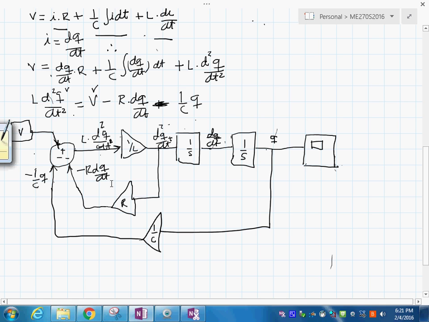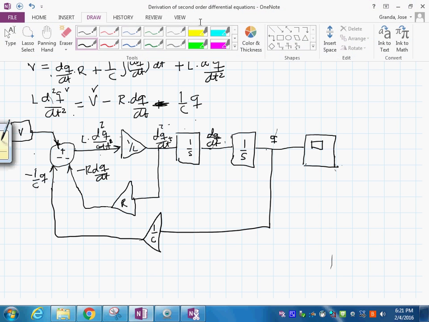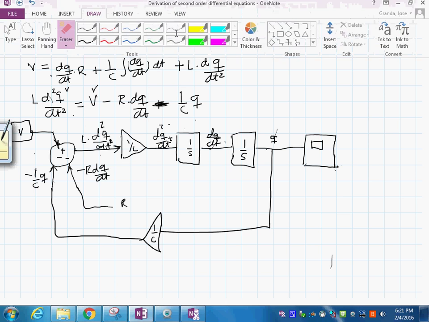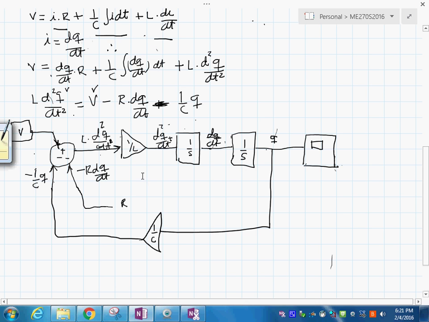I see. Very good observation. We have just one line that needs a little bit of a correction. That's this one right here.